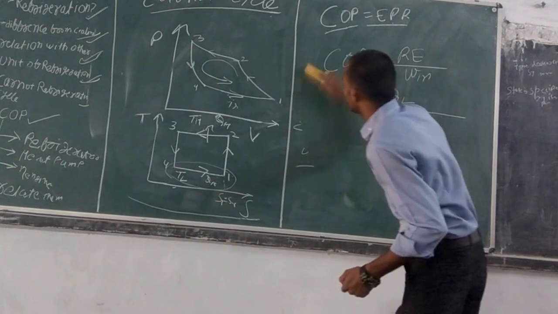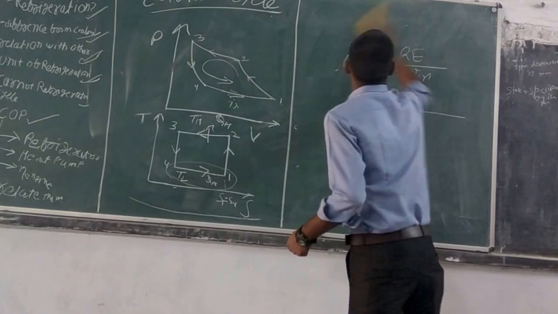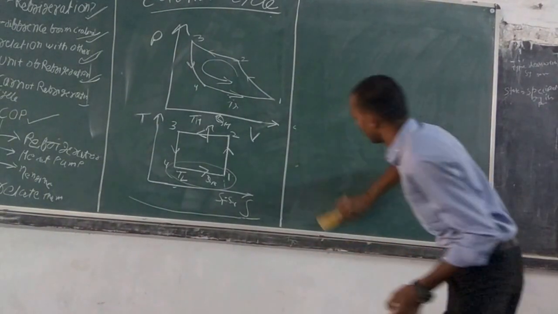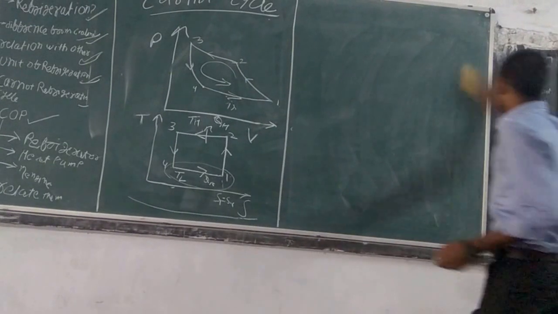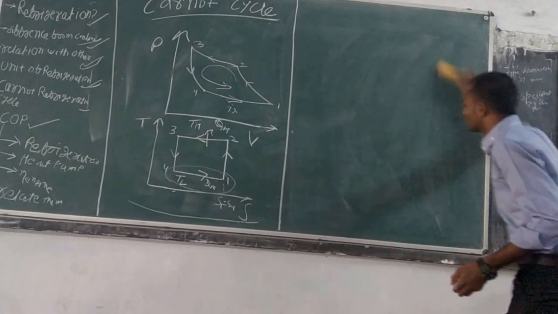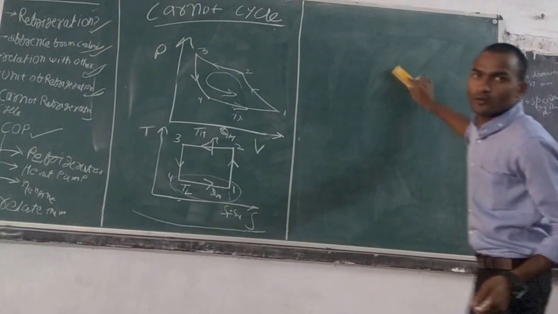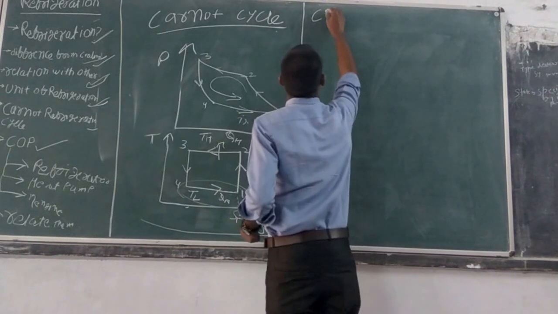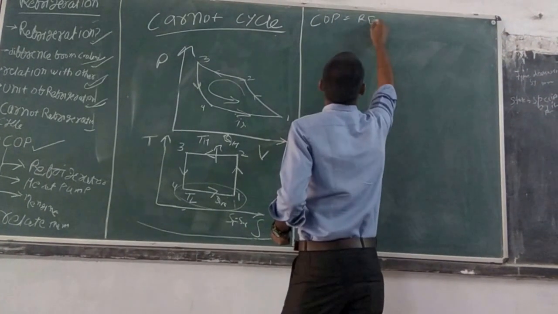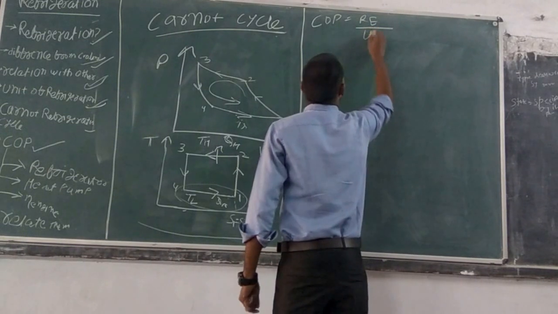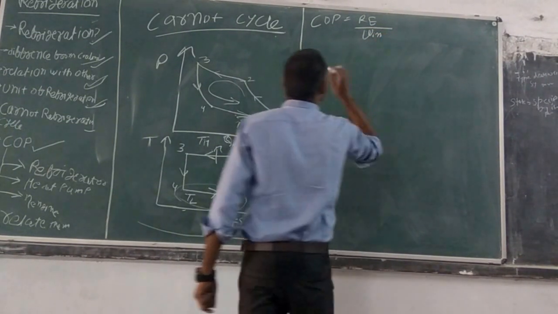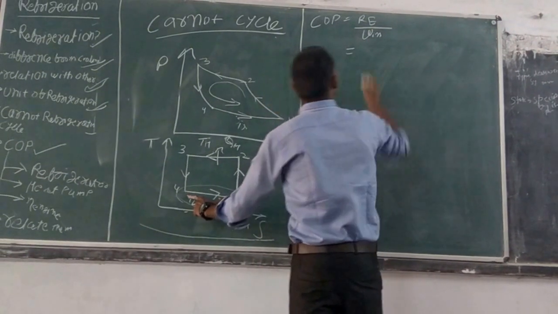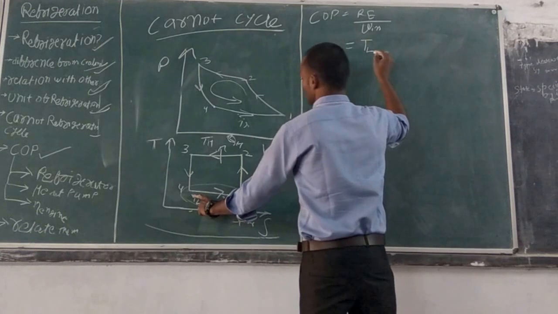So the refrigeration effect is the amount of heat which we have to extract from the space. Since COP is equal to RE upon work input, for this, if we go here, the temperature is TL.